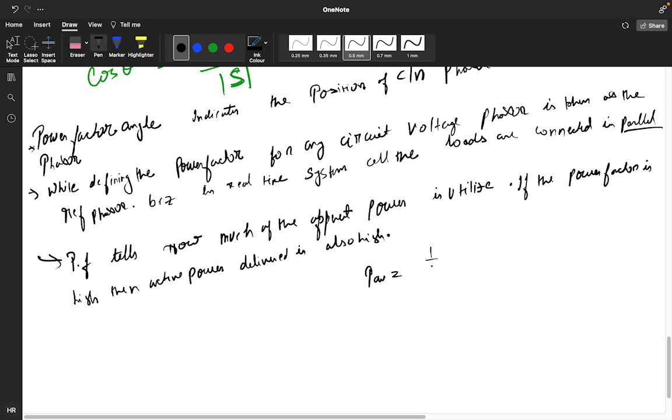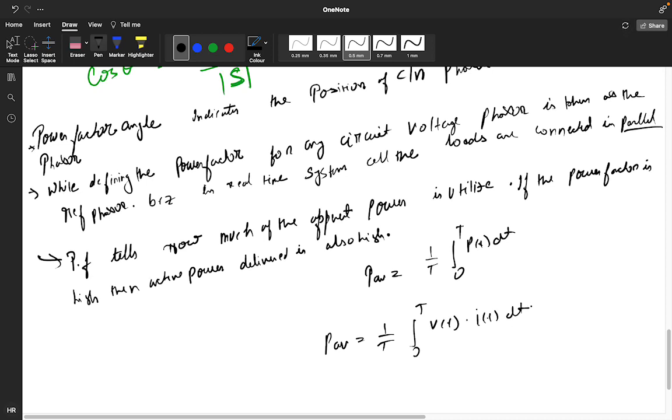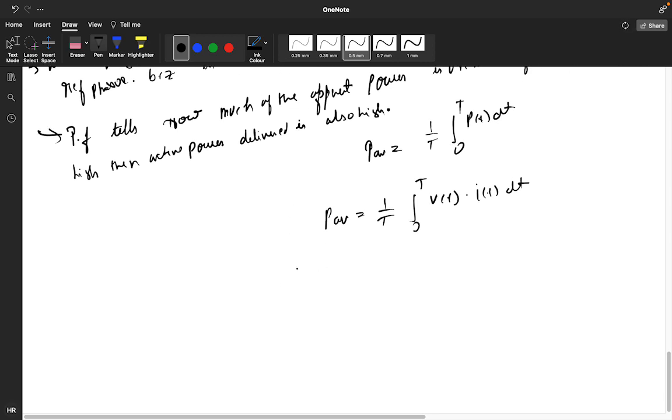So what is average power? P average, we know, is 1 by T, integral 0 to T of p of t into dt. So P average, if you calculate, is 1 upon T, integral 0 to T of v of t i of t into dt. So suppose you have 1 by T, 0 to T, some angle Vm sine omega t plus theta, and you have some current Im sine omega t into dt.